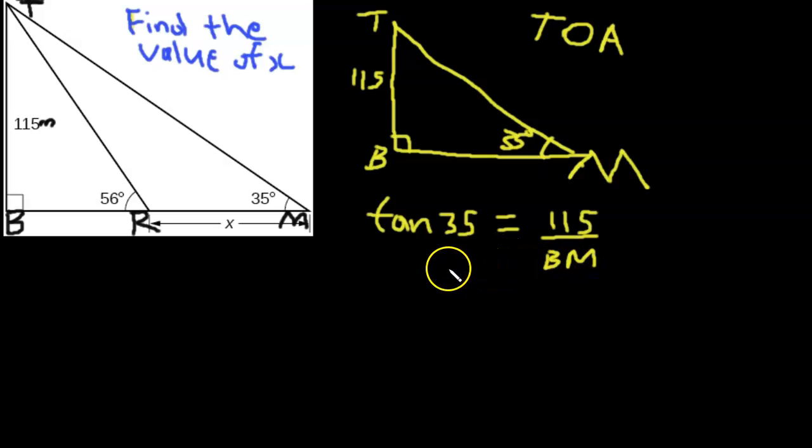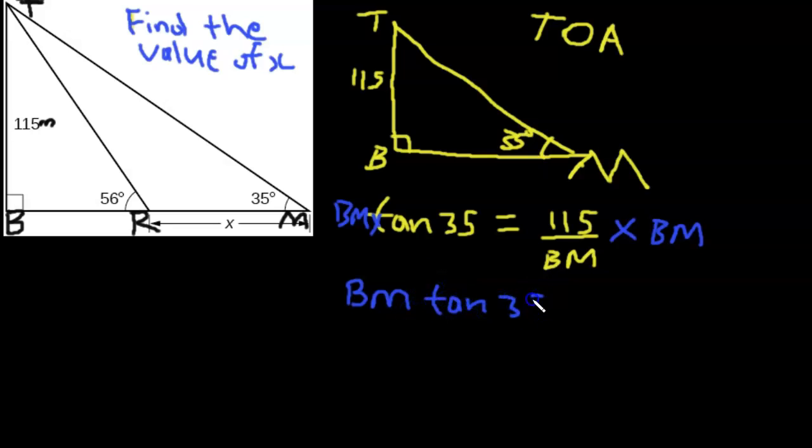And then our job now is to find BM, so we can multiply both sides by BM, because BM is the denominator, which we want to get rid of. So BM times the right hand side, and BM times the left hand side. What we have here is BM times tan 35, and over here, BM into BM, one time. So we have 115.